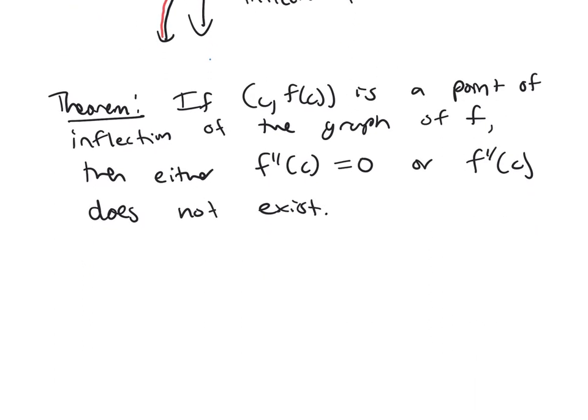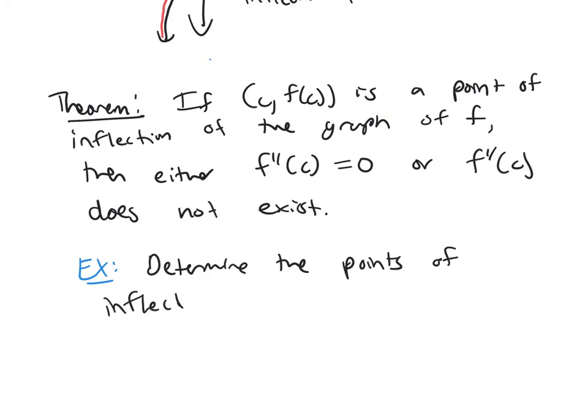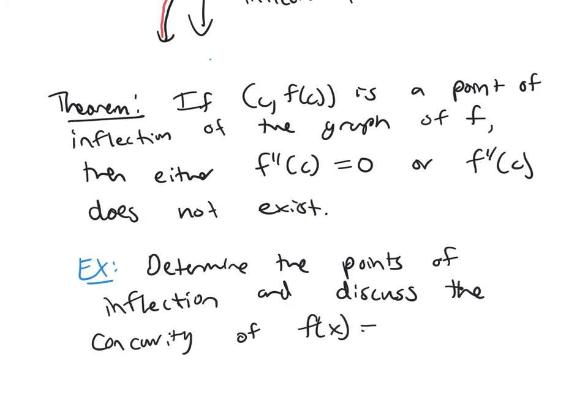So let's look at the following example. Determine the points of inflection and discuss the concavity of the function f of x, which will be x to the fourth minus 4x cubed.